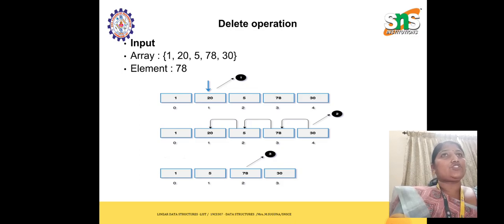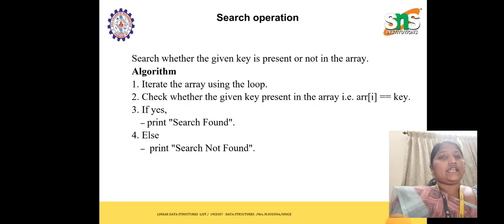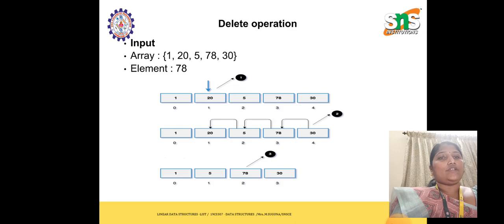That means we have to shift 30 left by one position, so 30 will come after 125. So finally we will have 125 and 30 as the array elements, right?